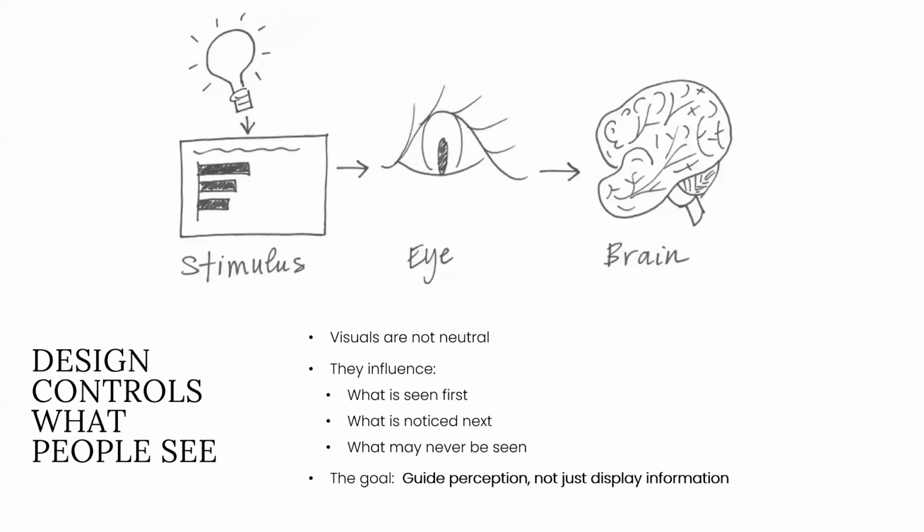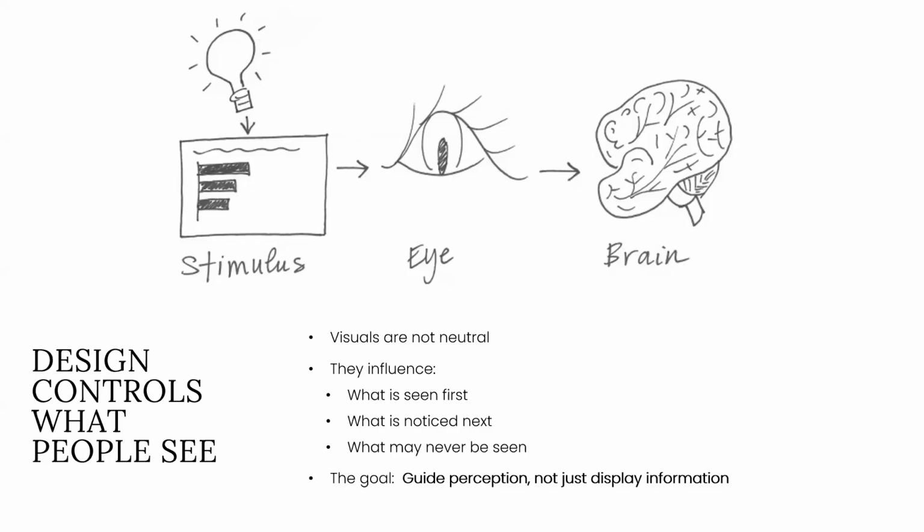To design effectively, we must begin with a simple truth. People do not see with their eyes alone. They see with their brains. Visual perception is a cognitive process. Light enters the eyes, but meaning is constructed in the brain. What feels like seeing is actually interpretation, filtering, and pattern recognition.